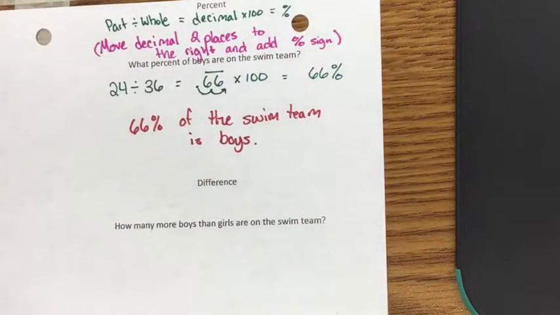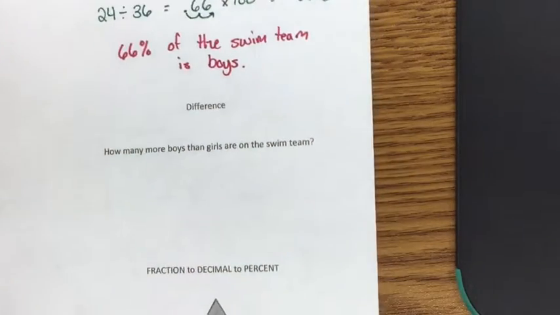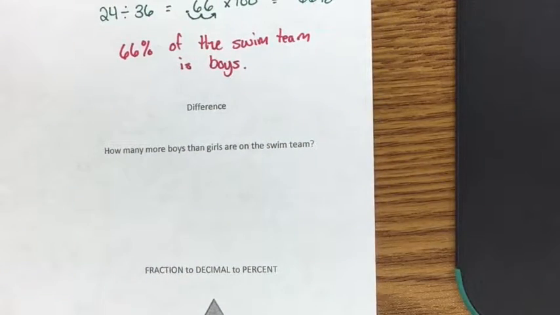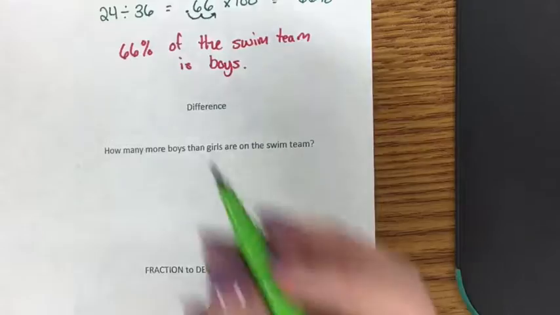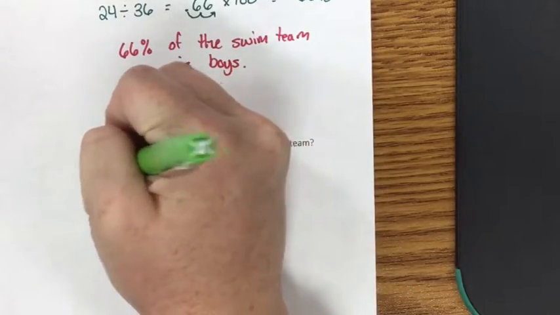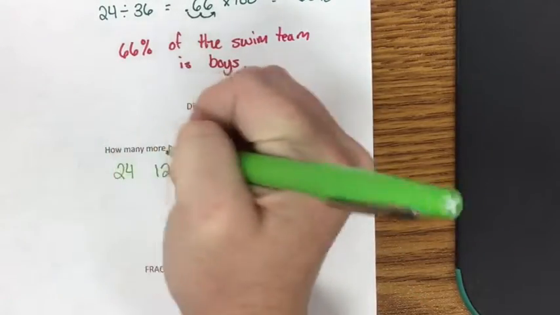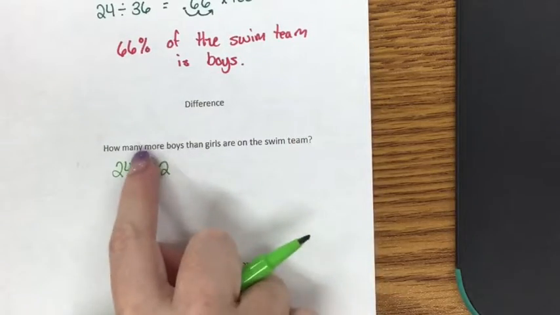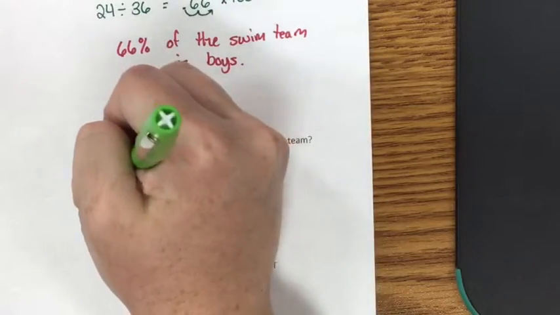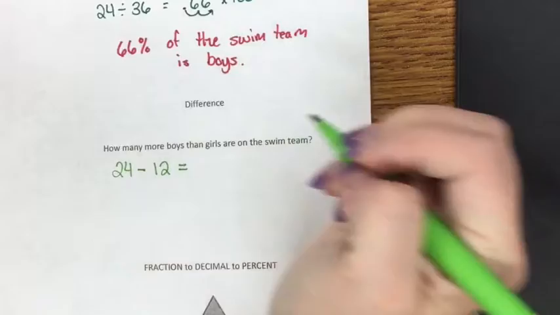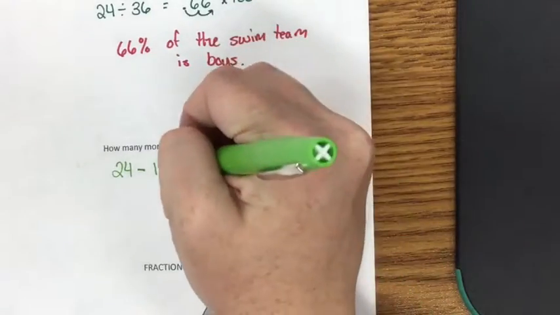The last way we can represent ratios is a difference. So they say, for this difference, how many more boys than girls are on the swim team? So if there are 24 boys and 12 girls, we're going to find the difference in the two, so we're going to subtract. How many more is a phrase that tells us to subtract.